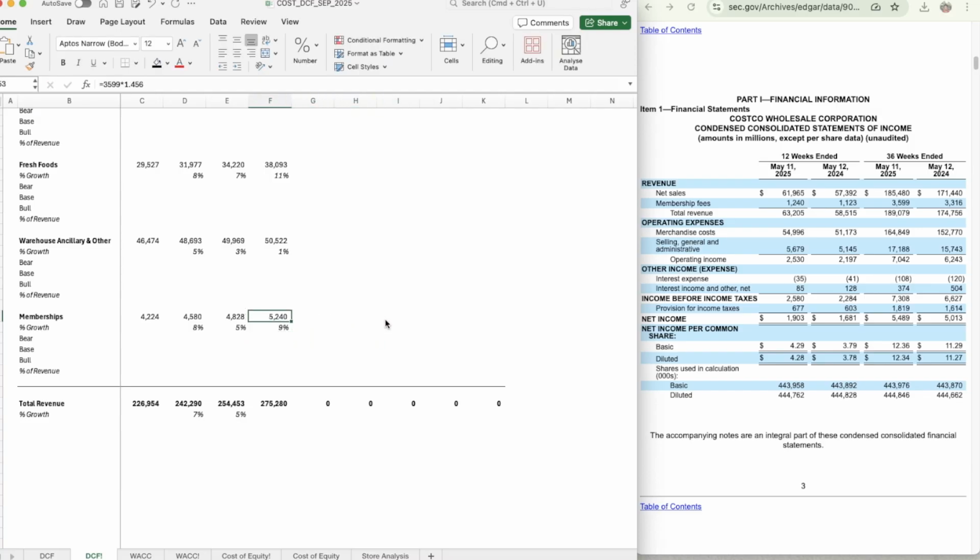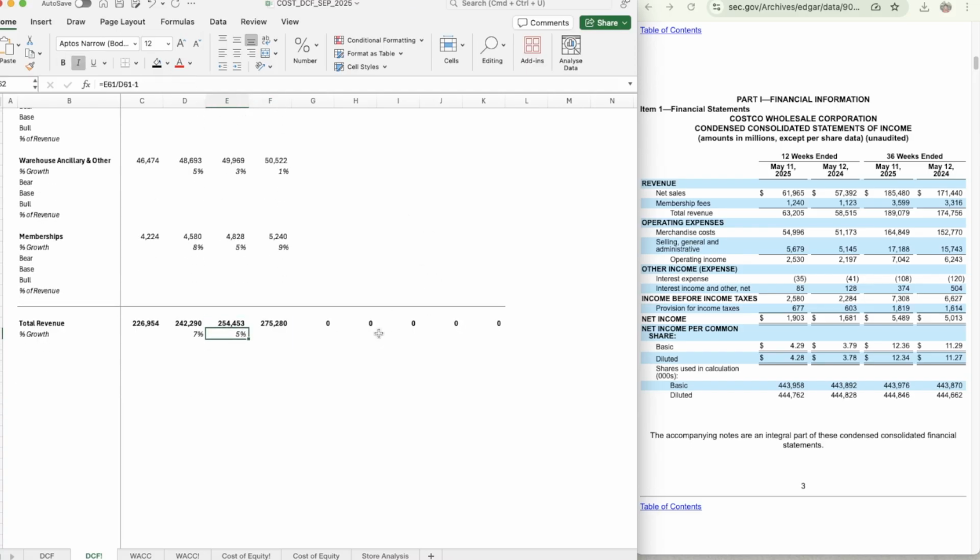So we expect membership revenue to go over 5 billion this year, and for total revenue to be about 275 billion, which is huge.